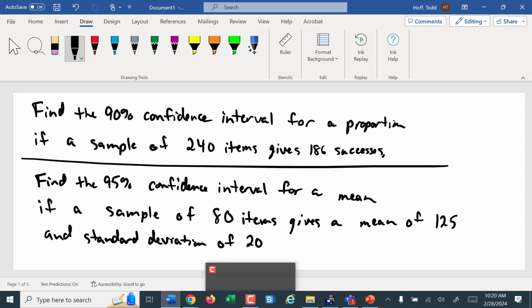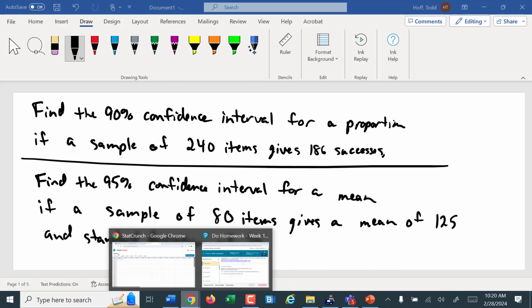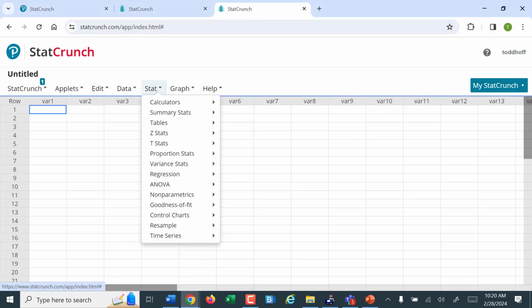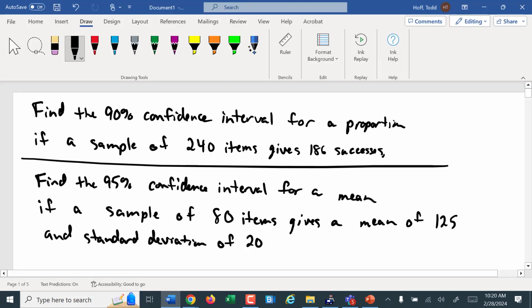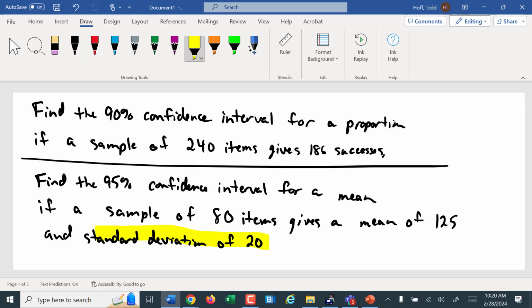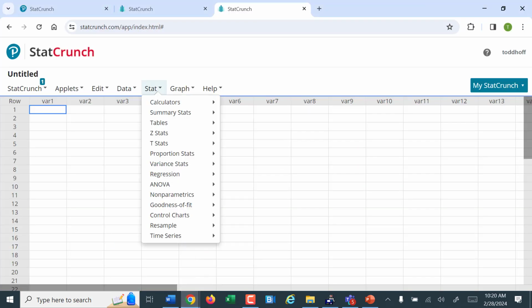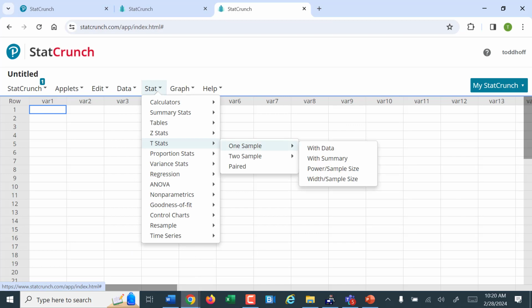So again, let's go to StatCrunch here. We're going to go to Stat. Now, this is a T-stat because the standard deviation we're given is the sample standard deviation, not the population standard deviation. So if we have the sample standard deviation, we need to use a T-stat. So this is T-stat, one sample.